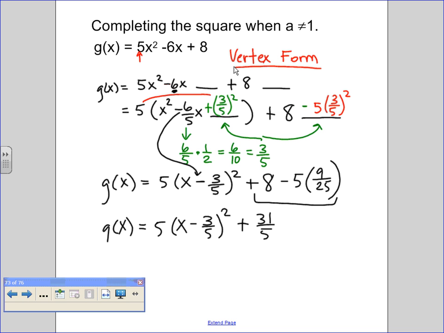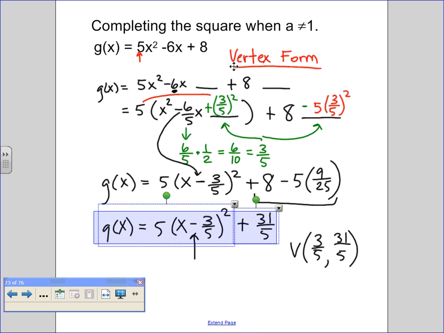Okay, and so now we have this in vertex form. And we could say that the vertex of this parabola would be 3/5, and you notice this sign is opposite this sign here, and 31 over 5.